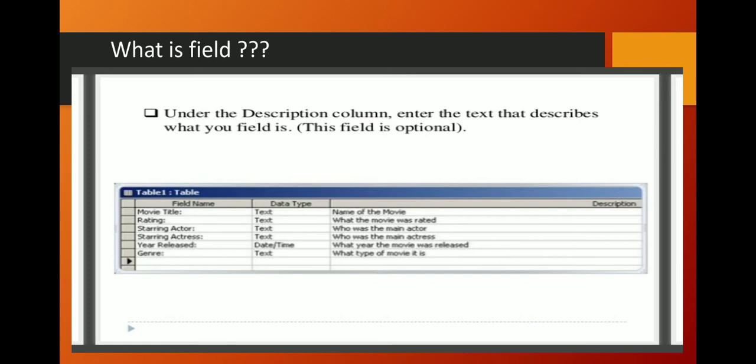A column within a table that contains only one type of information is called a field. In the database of the school information system, roll number, name, address, date of birth are the different field names.